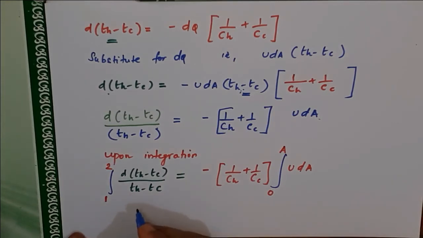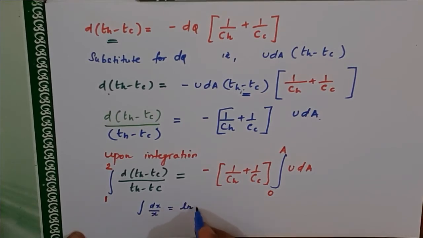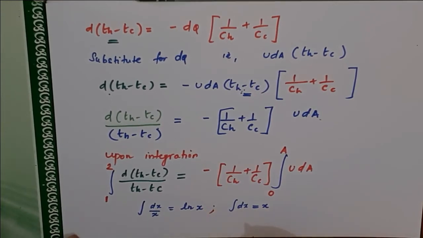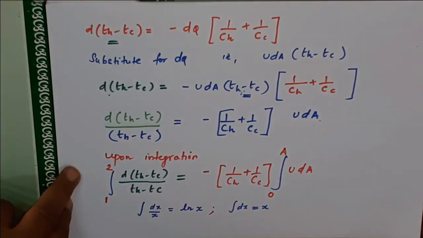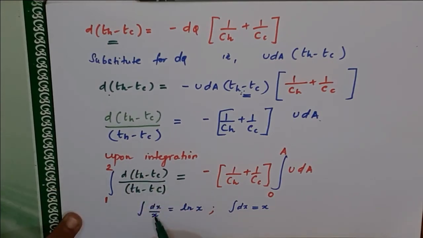We know that integration of dx by x is equal to natural logarithm of x, and integration of dx is equal to x. This is the mathematical integration formula. Based on this formula, dx by x, so x is this term, TH minus TC is x.